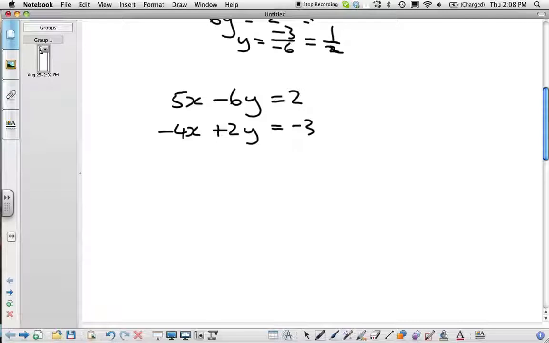What I could have done with this method, instead of getting rid of the y's, I could get rid of the x's by multiplying. So I'm going to multiply the top equation through by 4 and the bottom equation through by 5, and then both your x coefficients will be a 20 value.